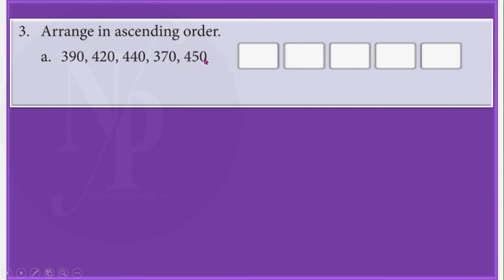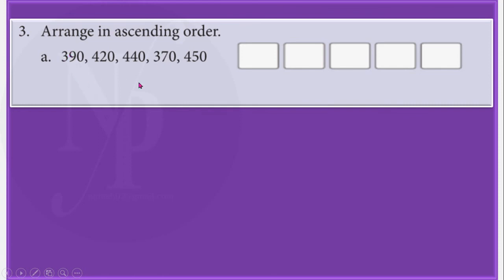So among these 5 numbers, here we have 390, and the other numbers are having the digit 4 in hundreds place. Let us compare 390 and 370.